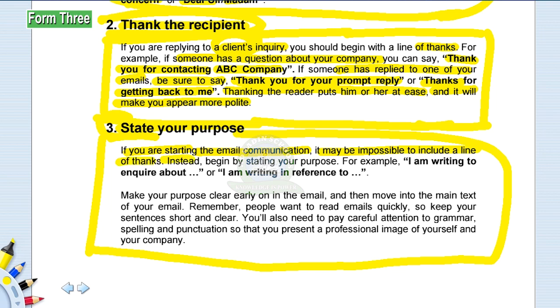Instead, begin by stating your purpose. For example, I am writing to inquire about, or I am writing in reference to. This is when you are stating the purpose.